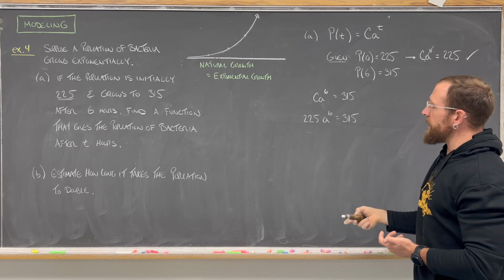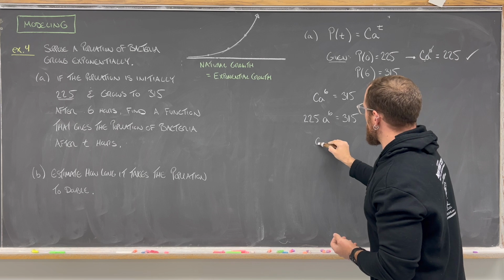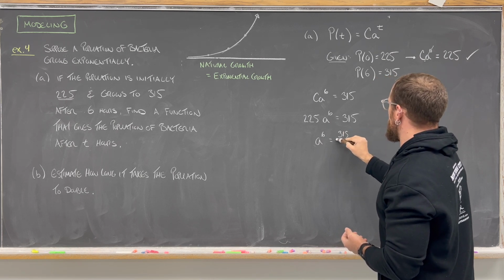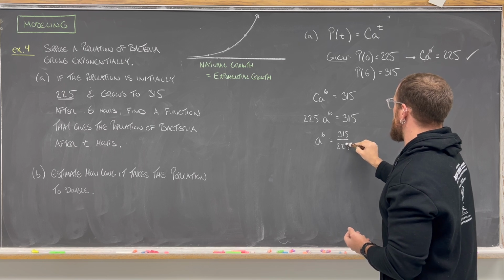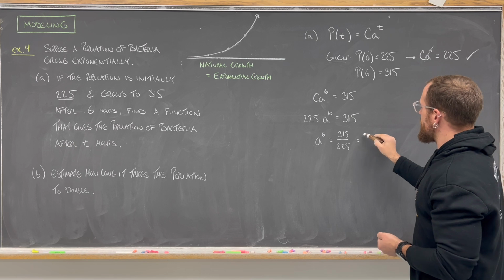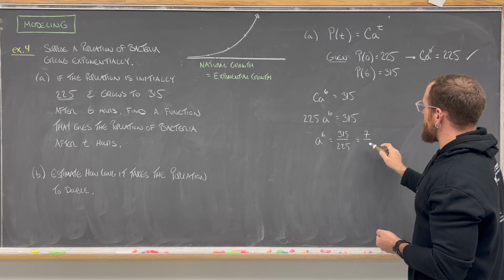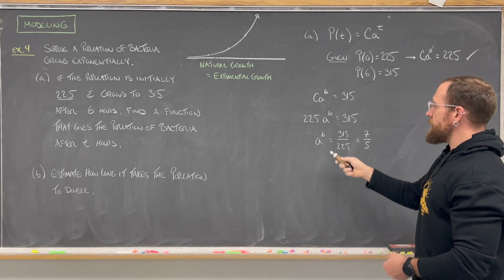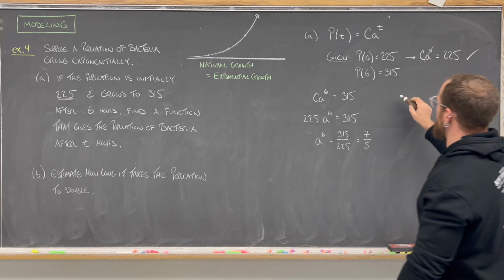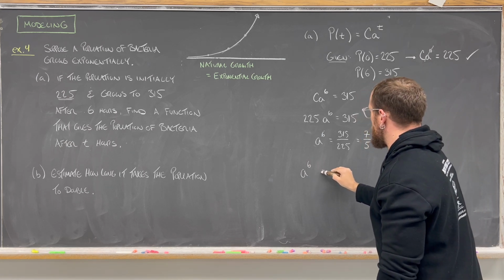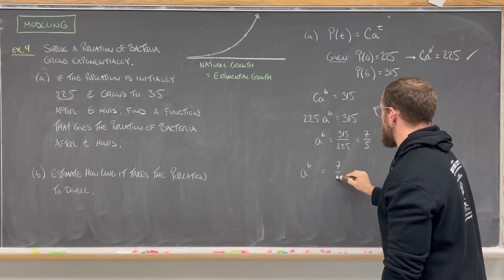Dividing both sides by 225, I find out that a to the 6th power is equal to 315 divided by 225. And it might not be obvious, but those are both multiples of 45. So that is 7 over 5. So now you've got a to the 6th equals 7/5. Maybe I'll just come over here and write that. a to the 6th equals 7/5.